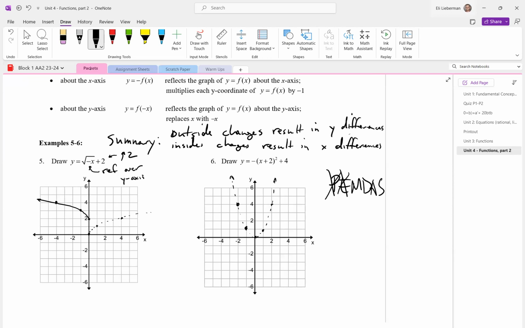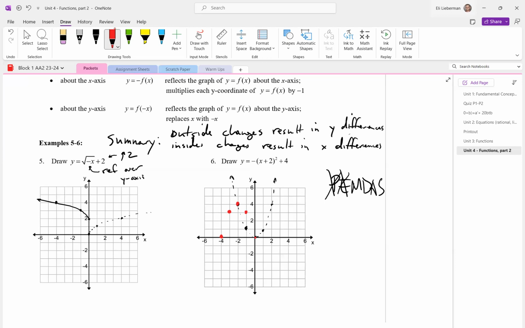Okay, nice. I'm going to do this in red. There, 1, 3. Okay. Do we agree? Are we good with these? Any questions?